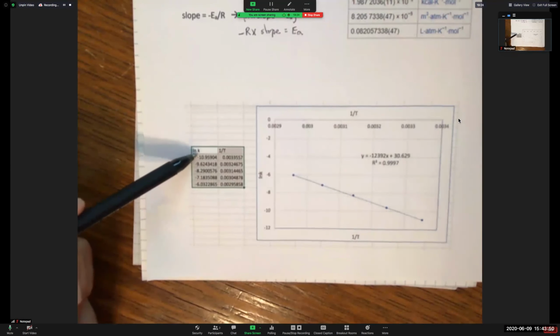And so I'm going to calculate that. Negative 8.3144 times negative 12,392, and that equals, we can do 4 sig figs, 103,000.